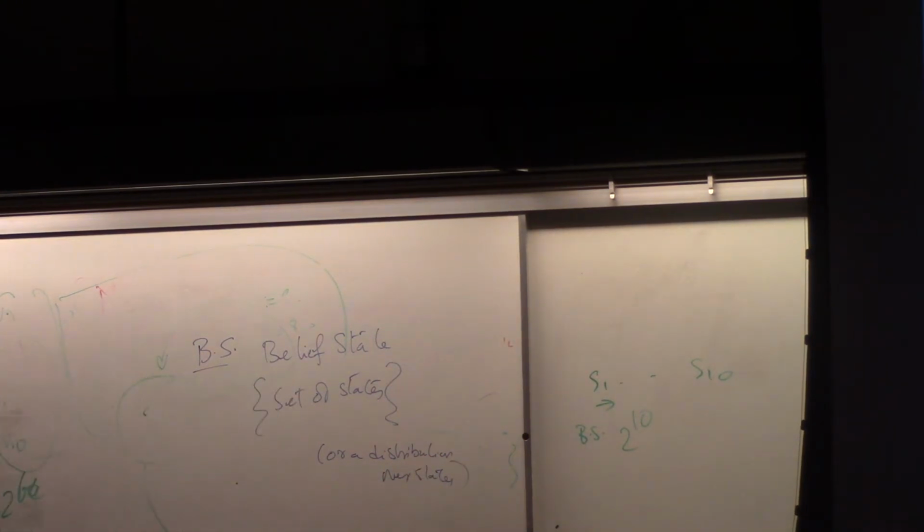So when I said I didn't know what state I am in, I actually am in a different space where each state in that new space is a belief state, which is a subset of the states in the current world.